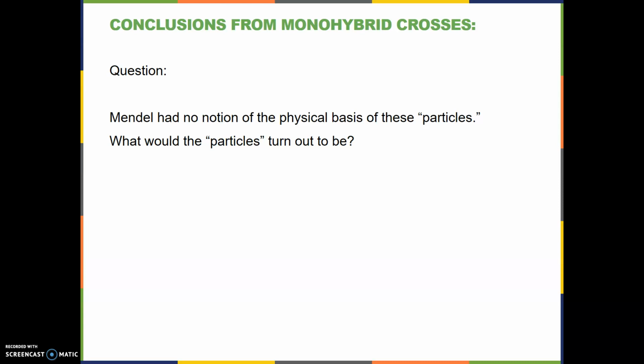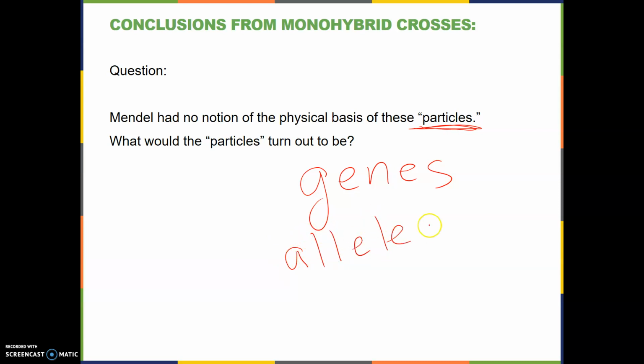So, question. Mendel had no notion of the physical basis of these particles. He had absolutely no idea what these particles were. So these particles turned out to be, I've said it, now I will write it, genes. And the actual versions of the genes, when we talk about the violet gene and the white gene, those are actually referred to as alleles.